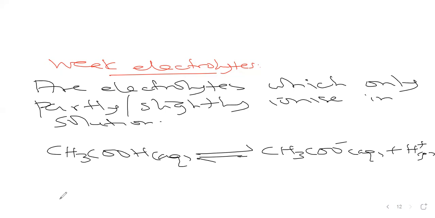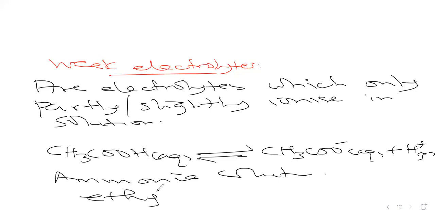Their ions are always in equilibrium with the electrolyte. Other examples include ethylamine and ammonia solution, and many others.